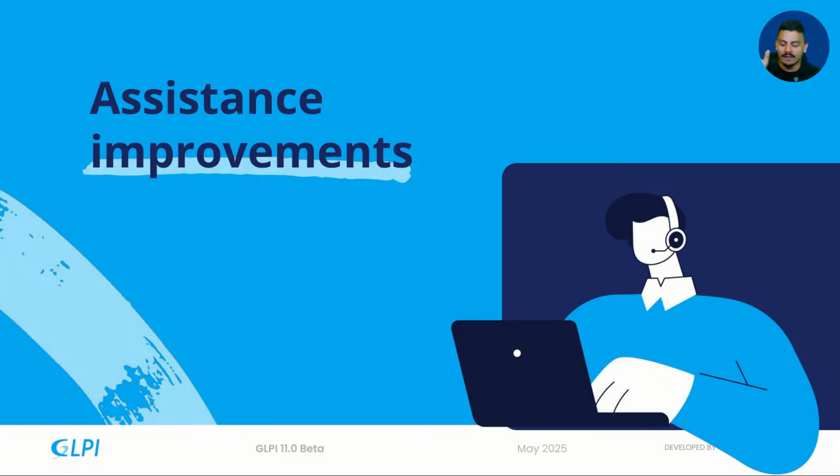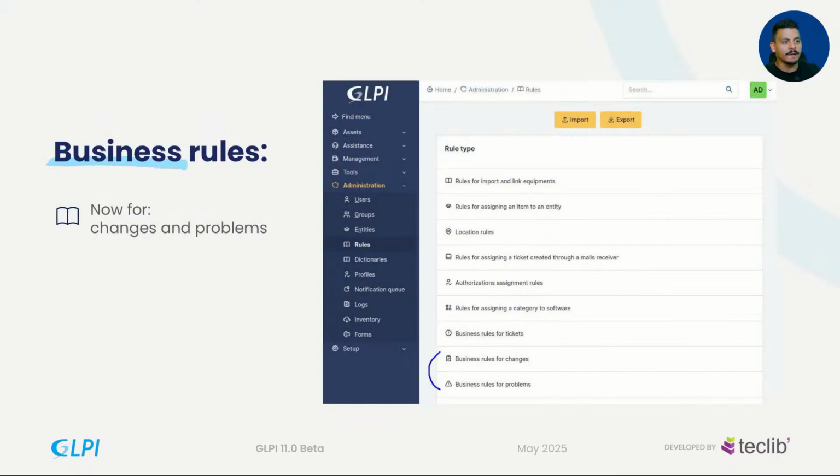So keep there. We have some improvements on the assistance module in GLPI. The first one is related to, for sure, business rules. For a long time, we had business rules in tickets, but we also needed some business rules for changes and problems.